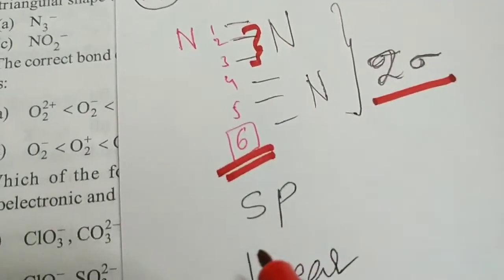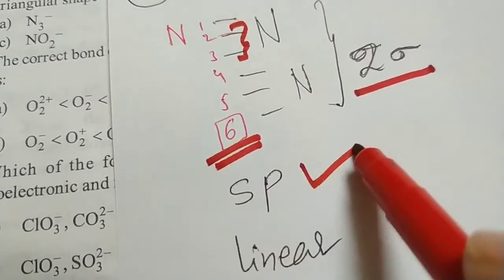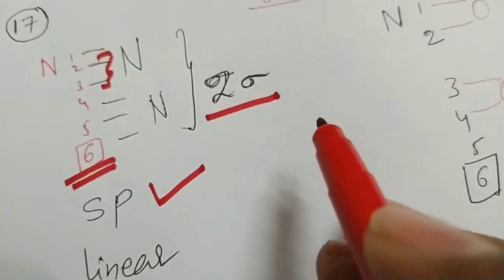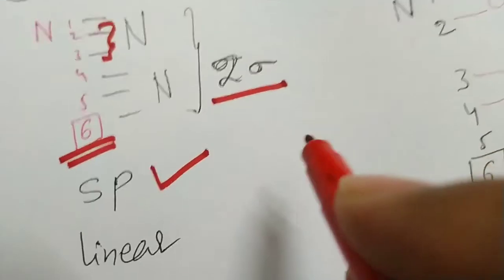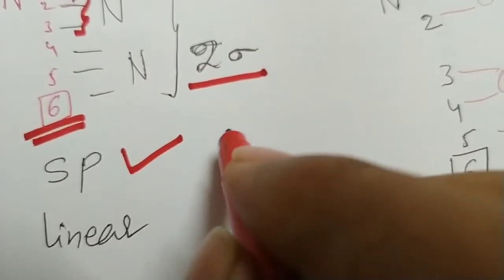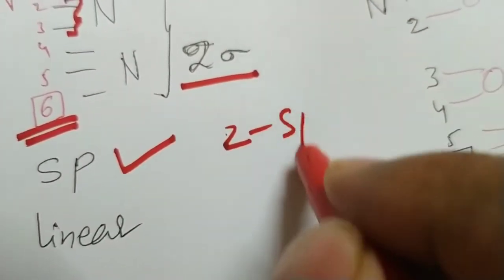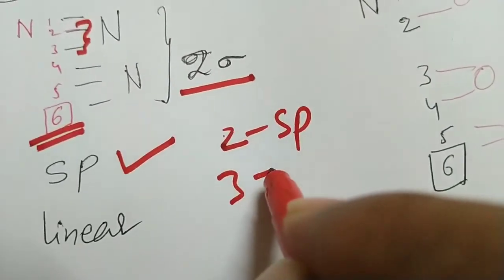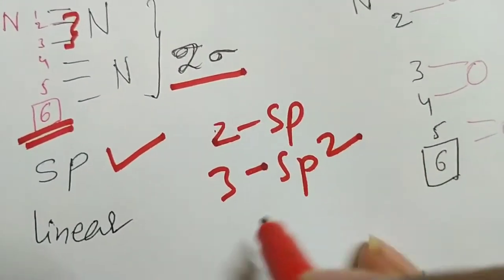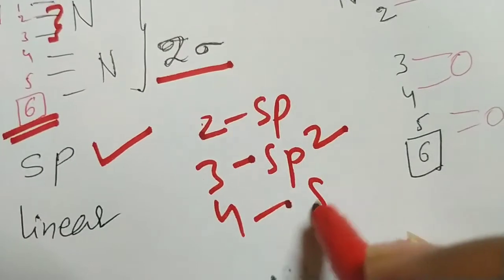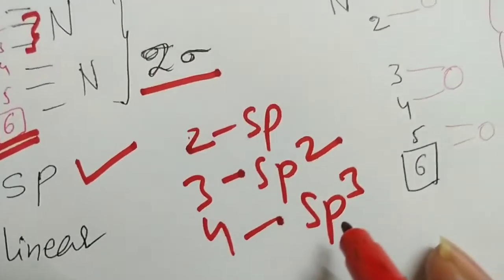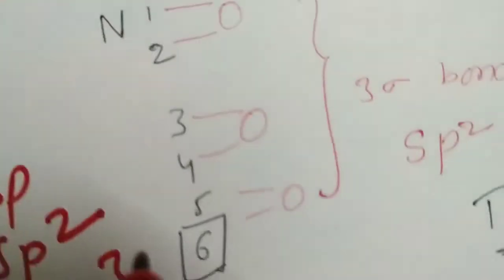That means sp hybridization. If the total number is 2, sp; if 3, sp2. I will write here: 2 means sp, 3 means sp2, 4 means sp3, 5 means sp3d, like that.